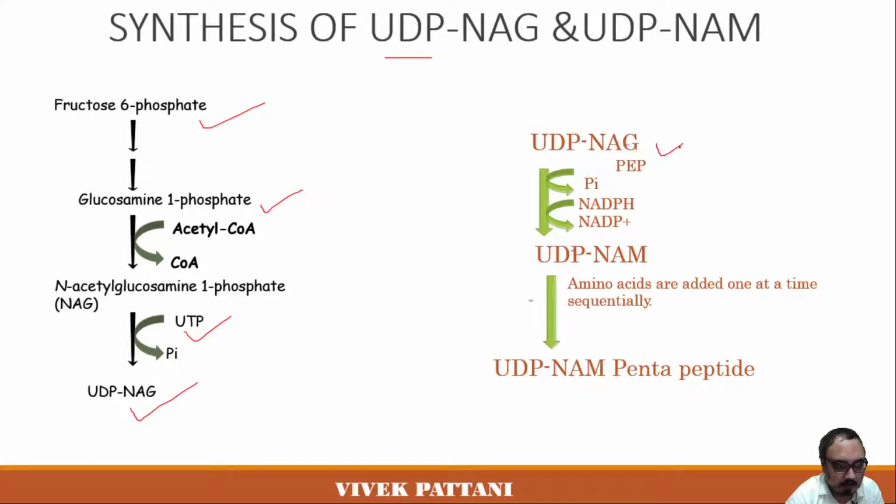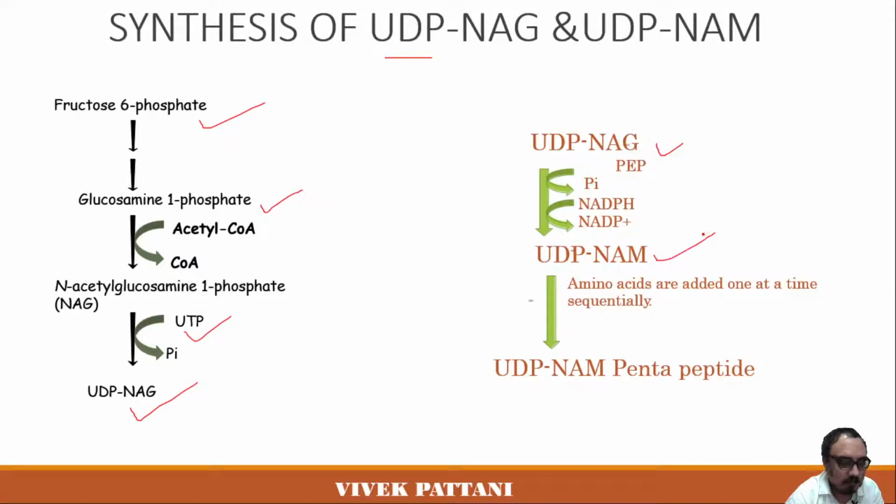Now moving forward with UDP-NAG. From UDP-NAG, in the presence of NADPH and PEP, meaning phosphoenolpyruvate, UDP-NAM is formed. What is UDP-NAM? Uridyl phosphate N-acetylmuramic acid.